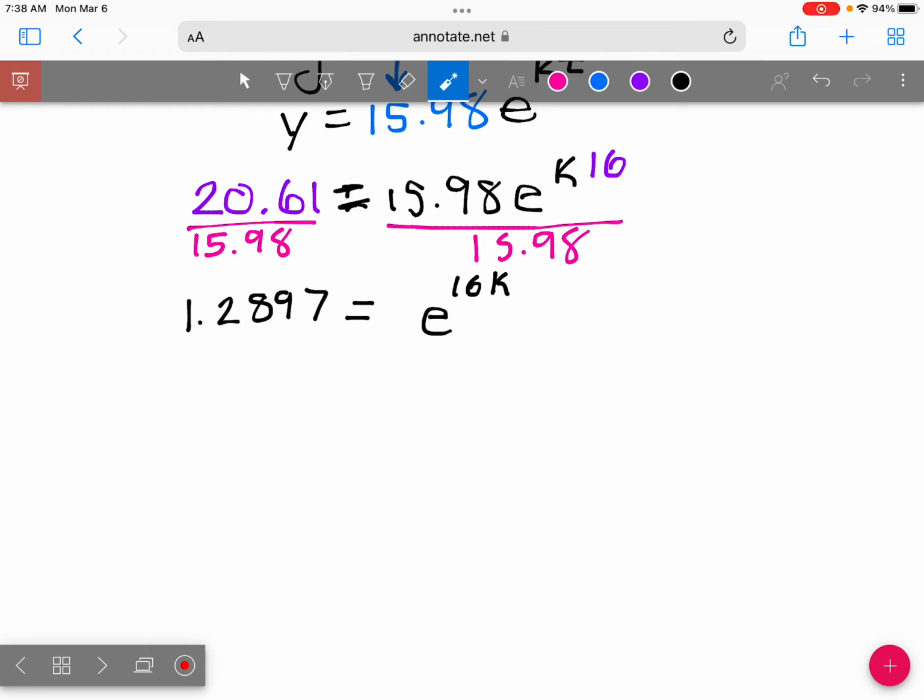Turn it into a multiplier, which means we need to use a... What's this whole chapter about? Logs. We need to use a log to get it down. Since I have a base of e, which log should I use? ln, that natural log. So what we're going to do is take the natural log of both sides. ln.